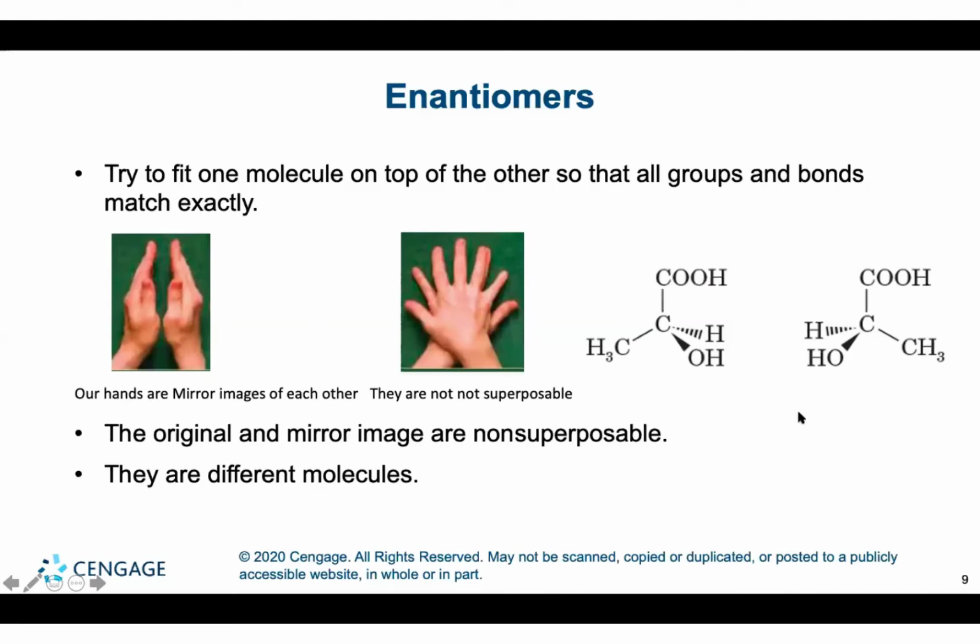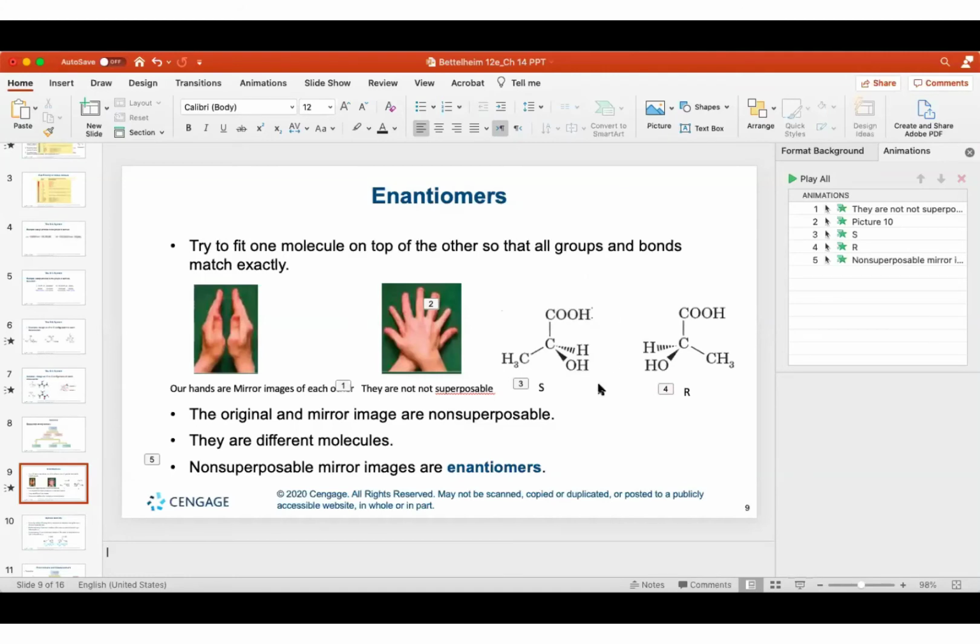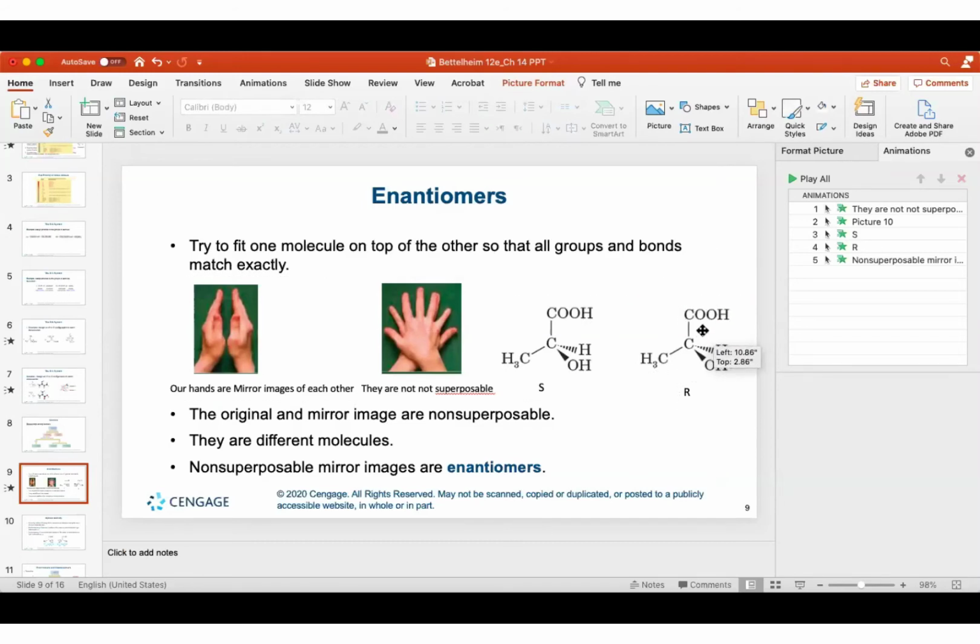If we try to take the left one and put it on top of the right one, you see that they are not the same. You see that OH will be on top of CH3 on the right side and CH3 will be on top of the OH on the left side. I just took a screenshot of the left one. And I put it on top of the right one. And you see that they are not superimposable here. You can see that, see?